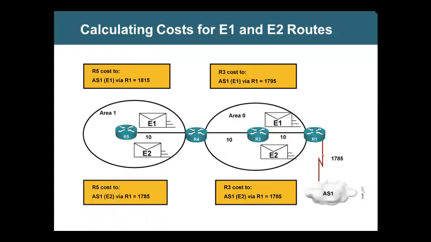So when you redistribute, if you say, I want type 1, the command is metric type 1. When you redistribute, if you mention this command metric type 1, then you will see the path cost getting added. I'm going to show you this in some time.